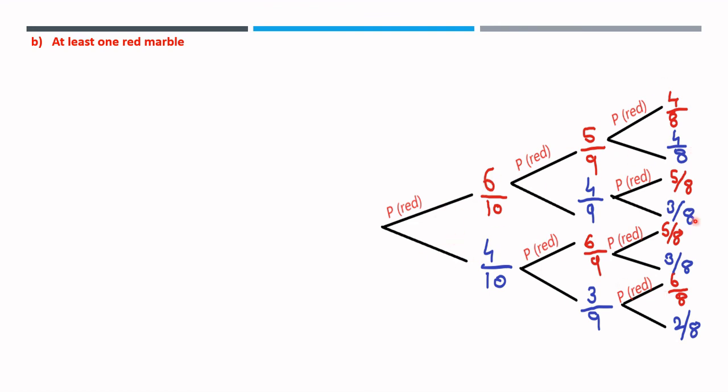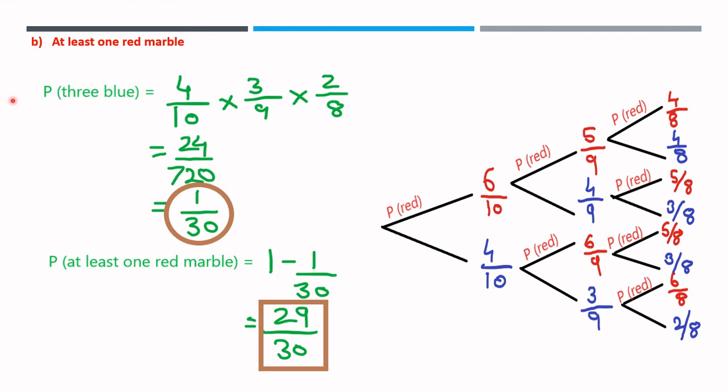There's a simpler way, which over here I have calculated first the probability of 3 blue. Why? Because if this probability is done, this 3 blue, that is the only case where no red marbles are used. In all other cases, at least one is still used, which makes our things easier.